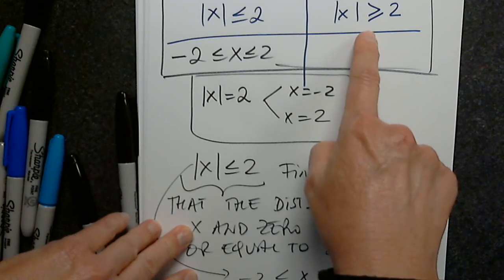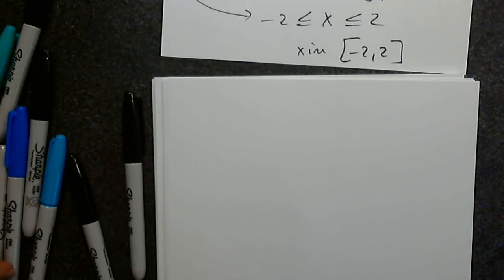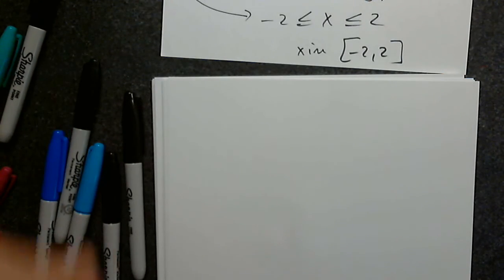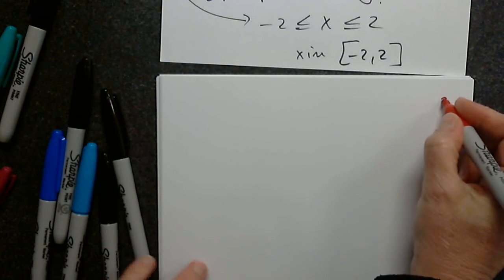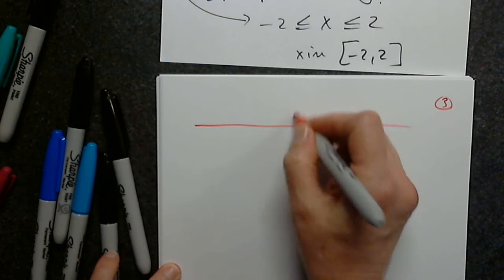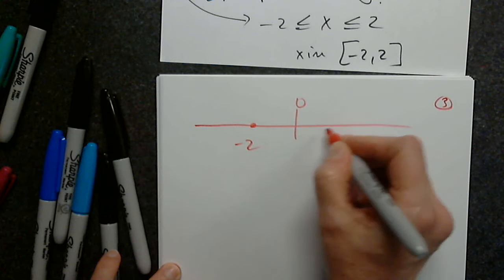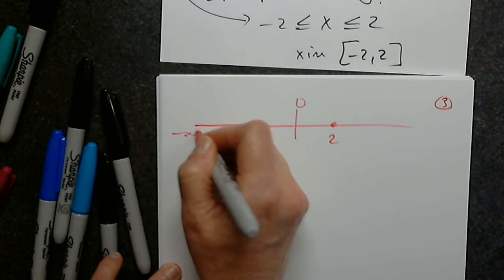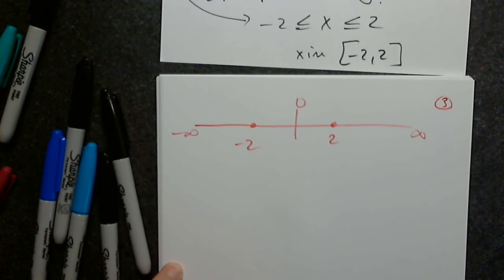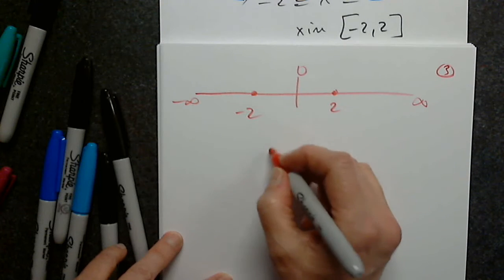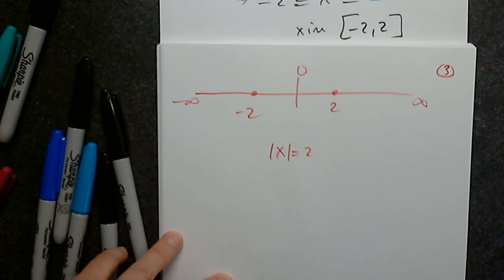Okay, now let's analyze the other one. Before we analyze the other one, let me just draw a little graph here. Here it is. This is 0. This is -2. This is +2. Negative infinity, infinity. The absolute value of x equals 2 has solutions. Can anyone dictate them one more time?